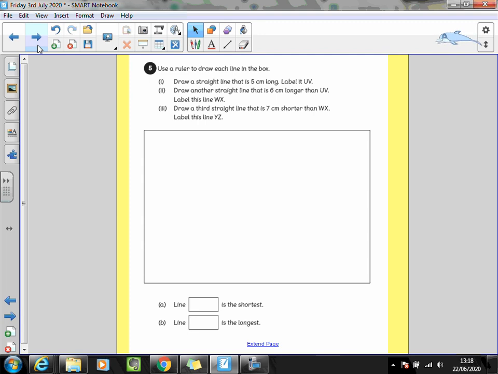Label this new line WX. Then draw a third straight line that is 7 centimetres shorter than WX, the line you've just drawn, and label this line YZ. Then can you tell us which line is the shortest and which one is the longest by putting the letters in the box as appropriate.